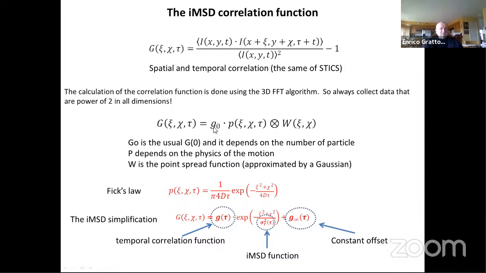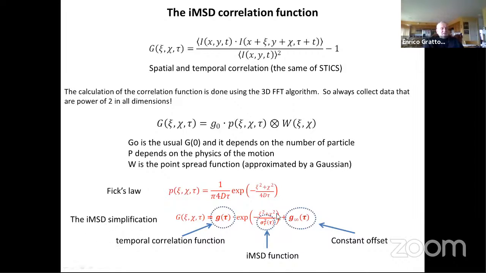There is a G0 term, there is an excitation volume, and then the probability to find the particle in the given position. According to Fick's law, this probability should be this expression. Well, it depends on the dimension, but it will be in this expression.